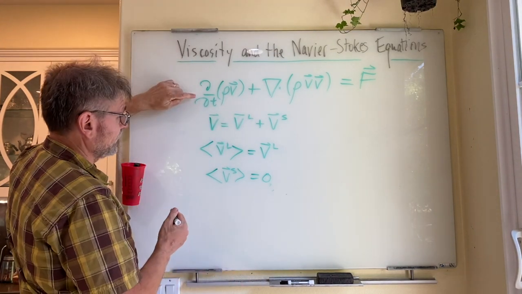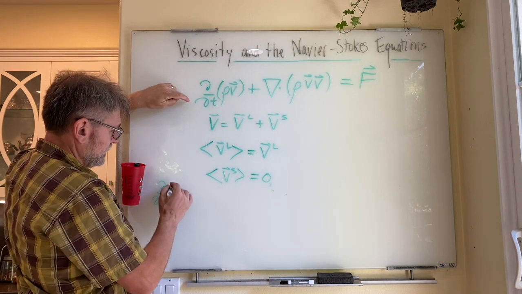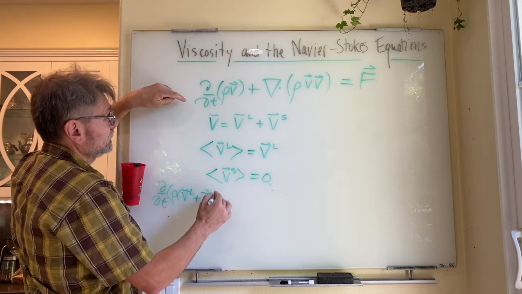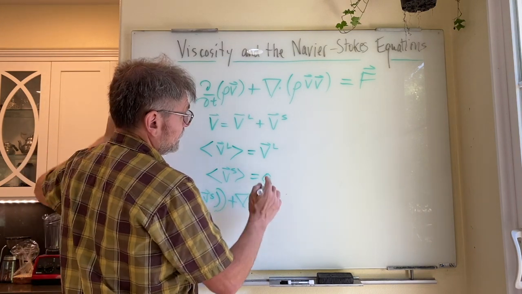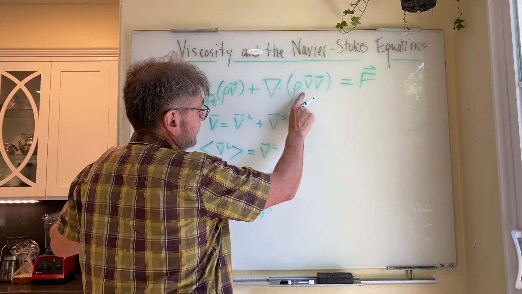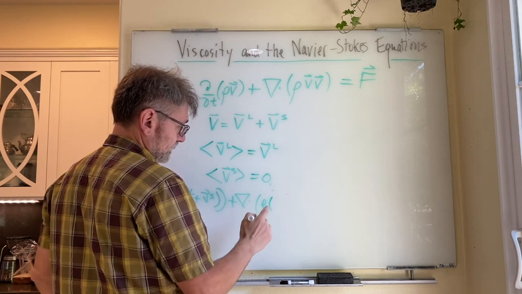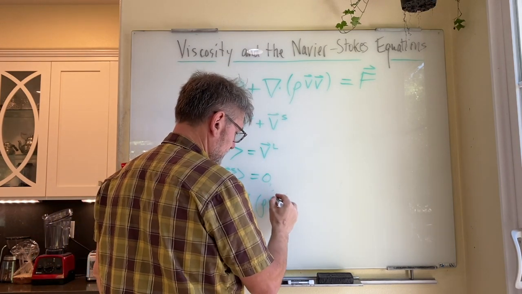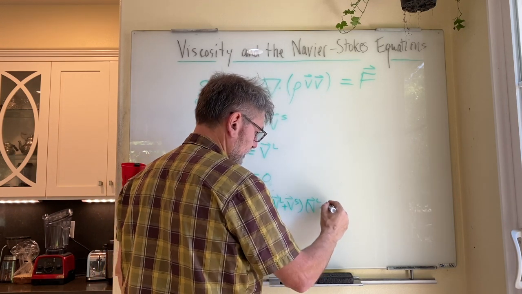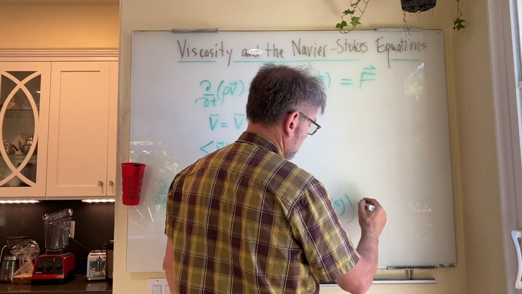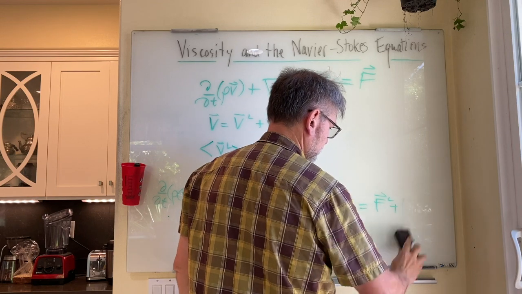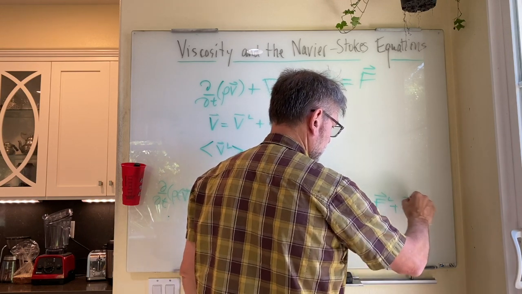So if I substitute in, I'll get d/dt of ρ(v_L + v_s), plus the divergence of the flux tensor, the momentum flux, or momentum current tensor, ρ(v_L + v_s)(v_L + v_s), is equal to F_L plus F_s, the large scale and small scale forces.